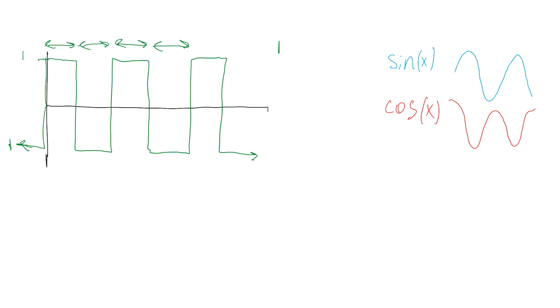So between 0 and, let's say, pi, this is pi, it has 1 at 0 to pi, and then it's -1 at pi to 2 pi, and so on.